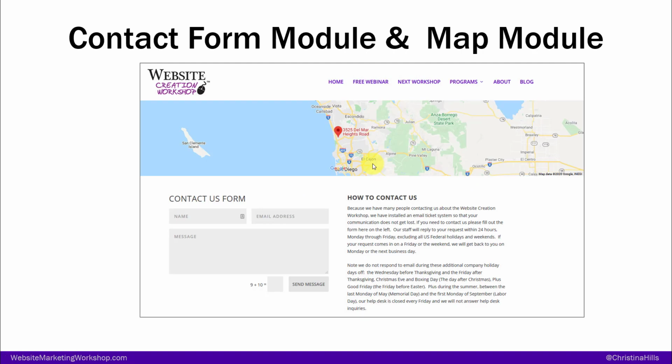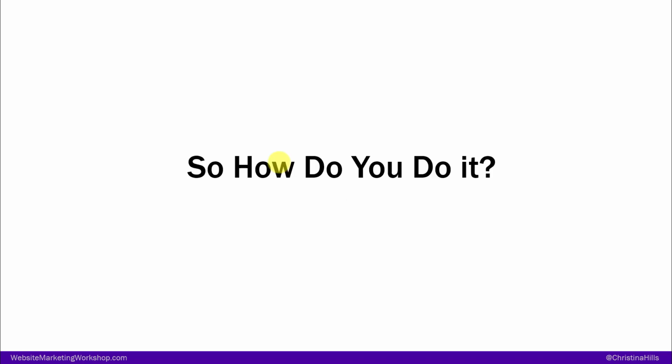There is a contact form module. So this is a contact form and then a map. I just put in a Google map and it has that displayed on my website. So these are just a few of the things you can do. There's a lot of other things you can do with the Divi theme.